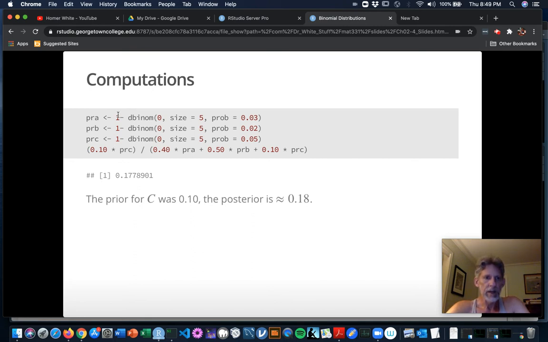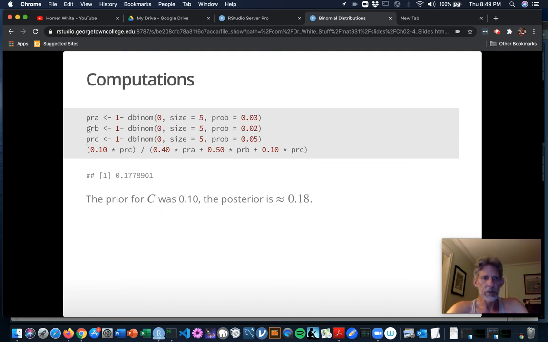I'm going to think about that as 1 minus the probability that 0 are ineffective. So I'm asking for the probability that a binomial random variable is exactly 0, so I use dbinom. 5 trials, chance of success 0.03 on each trial.